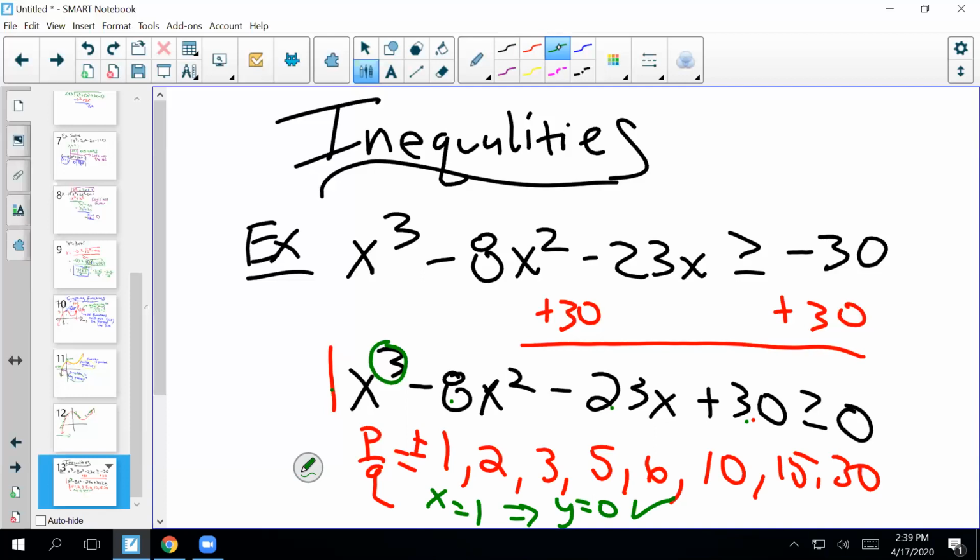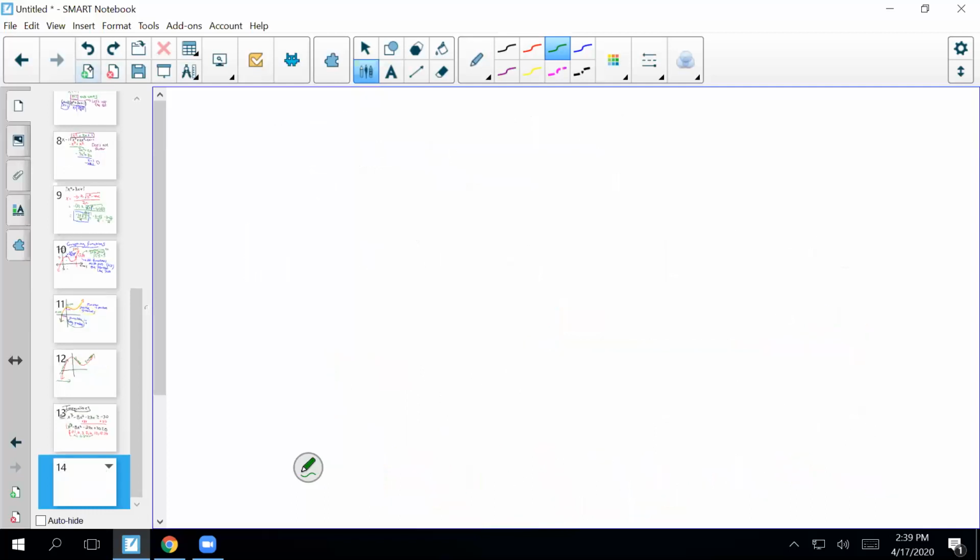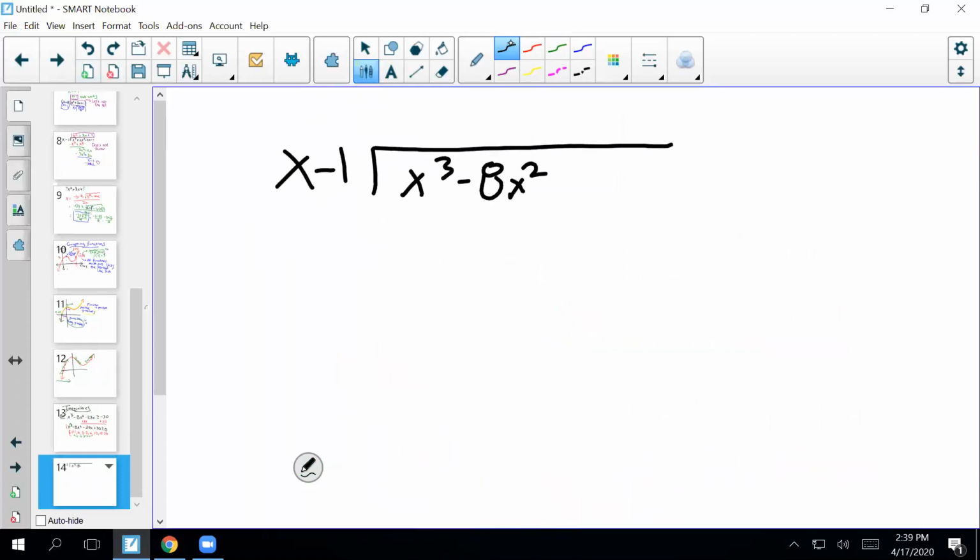Now at this point, of course, we want to do the long division. So let me go ahead and do a new page, and we're going to factor x minus 1 into our problem, which was x cubed minus 8x squared minus 23x plus 30.